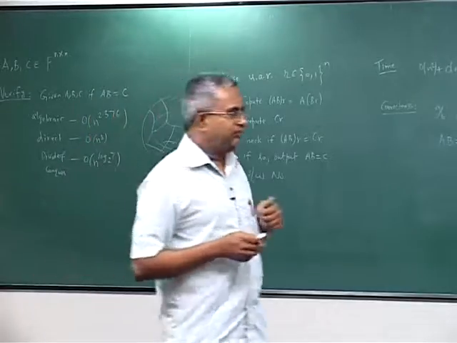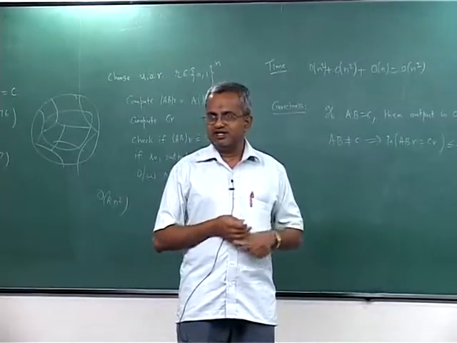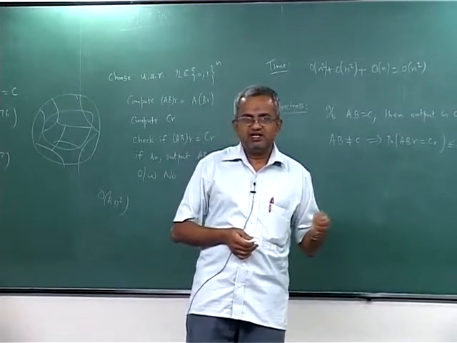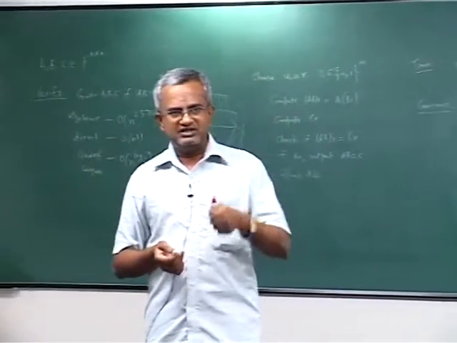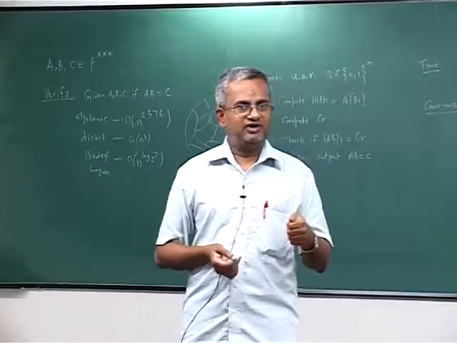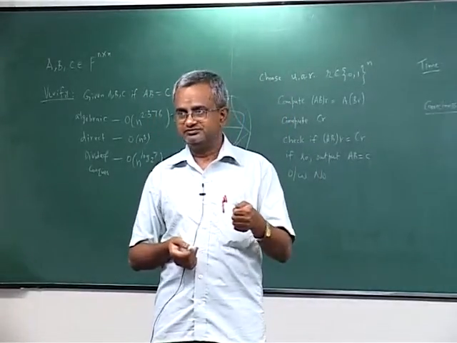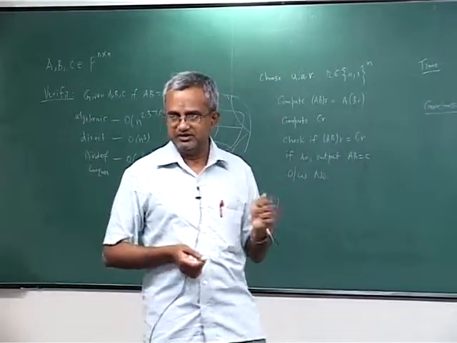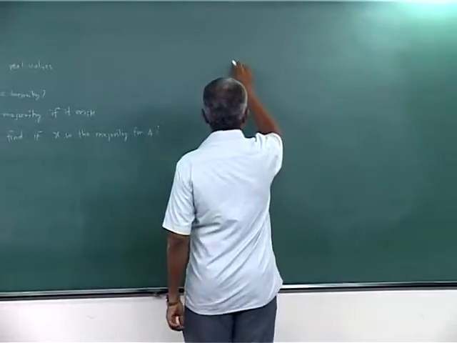But if you look at a randomized algorithm, what it can do is, if there is indeed a majority, it just picks uniformly at random a position and compares the entry in that position with x. What is the probability that that entry is equal to x? It will be at least half if x happens to be majority.